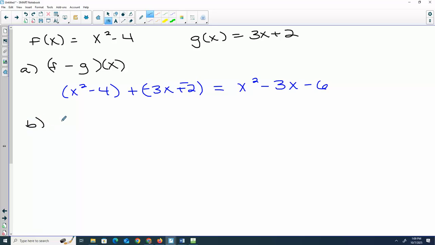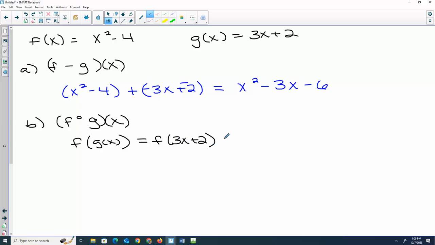What if I asked for f composed with g of x? What am I asking you to do? So g is 3x plus 2. How do I put that into function f? Goes in for the x.